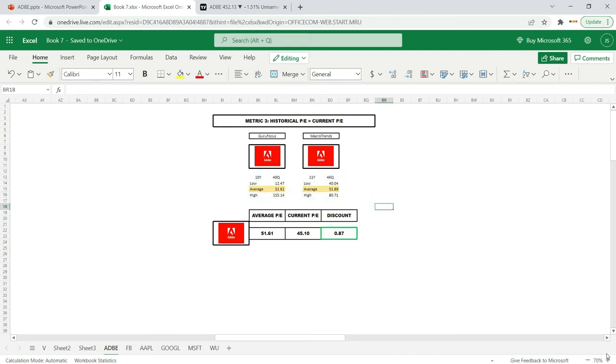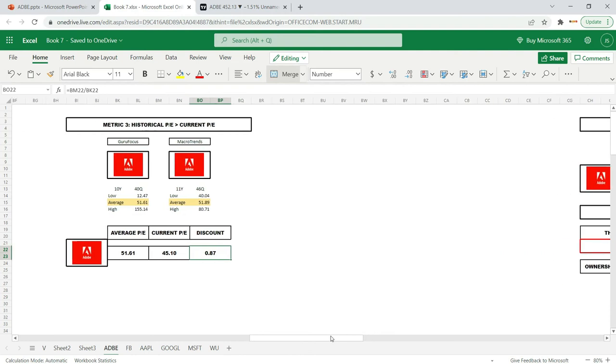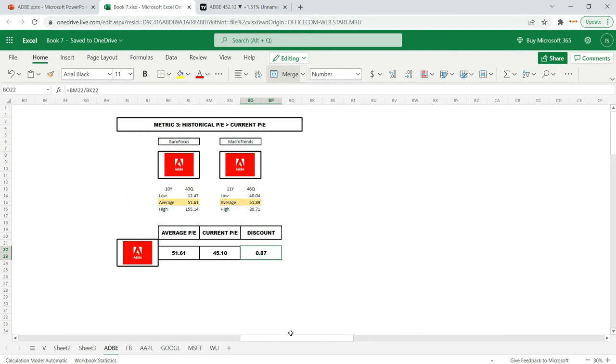We'd only use the lowest average PE as we want to base our assumptions at the lowest PE. In this case, we'd use 51.61 to divide the current PE of 45.1, and we'd get a discount of 0.87, meaning it is currently trading at a lower PE now compared to before.